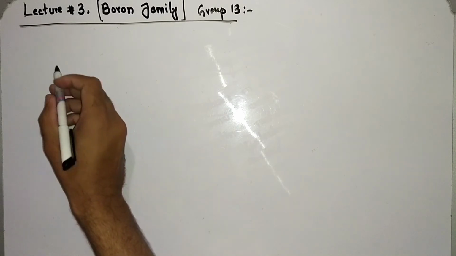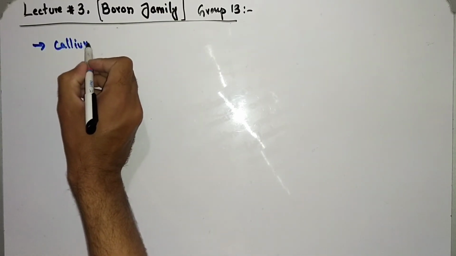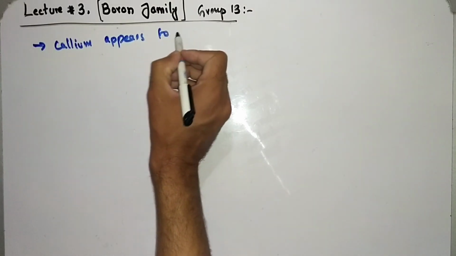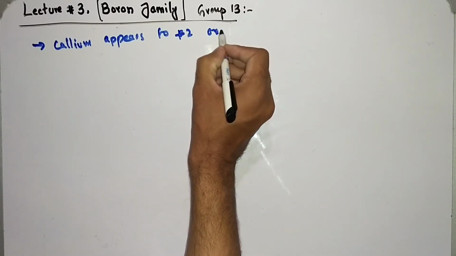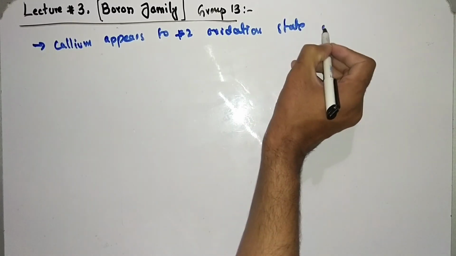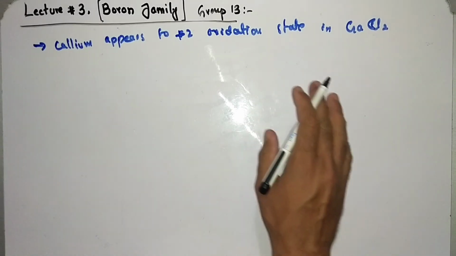Also, one point is missing. Gallium appears to show a +2 oxidation state in GaCl2. In the case of GaCl2, gallium shows a +2 oxidation state.